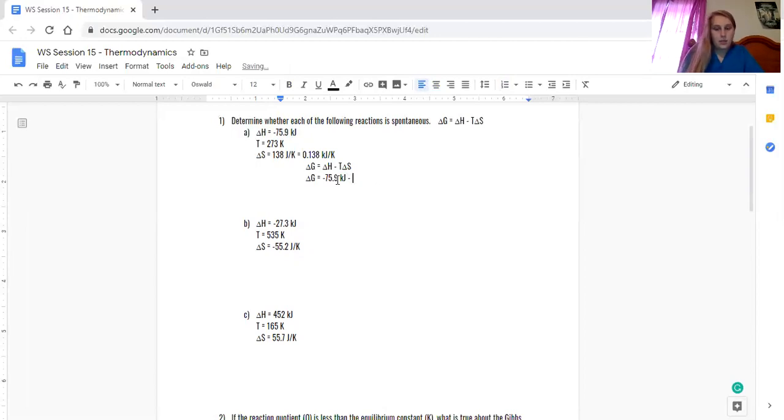And then we're going to have minus the temperature, so 273 Kelvin, times the delta S, so 0.138 kilojoules per Kelvin. So if you go ahead and solve that, what do you come up with?